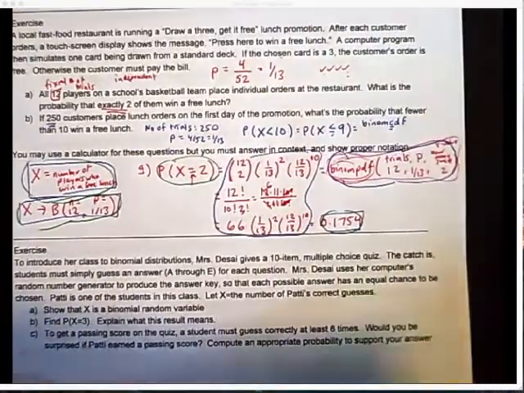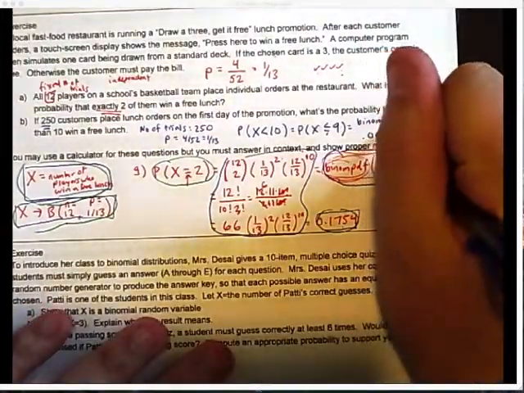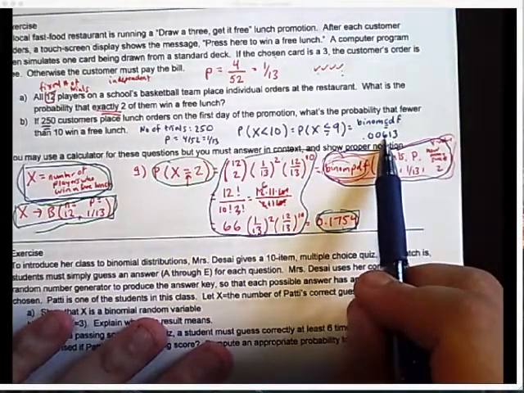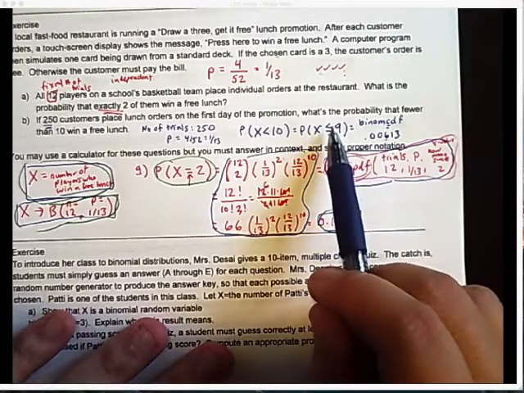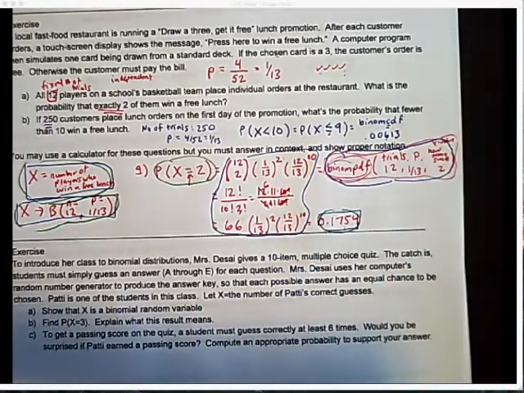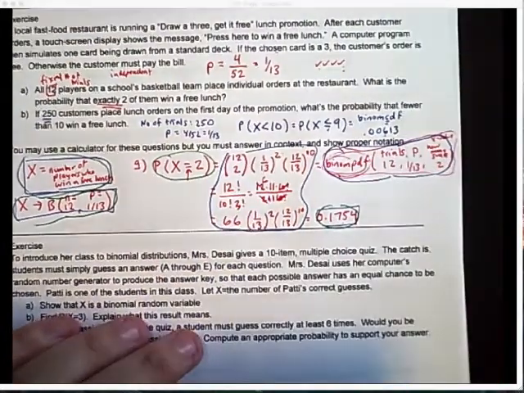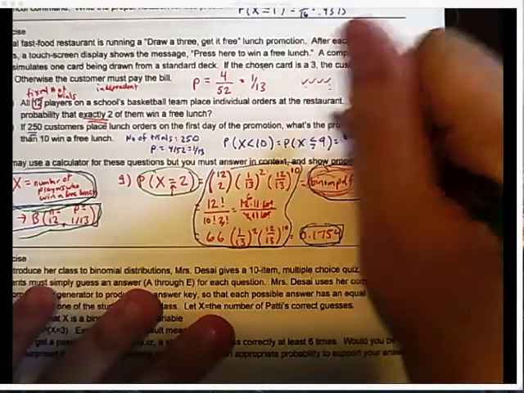0.00613. Okay, so there's like 0.6% chance that fewer than 10 people win. Okay, so what the calculator is doing, it's adding up. Let me show you up here.